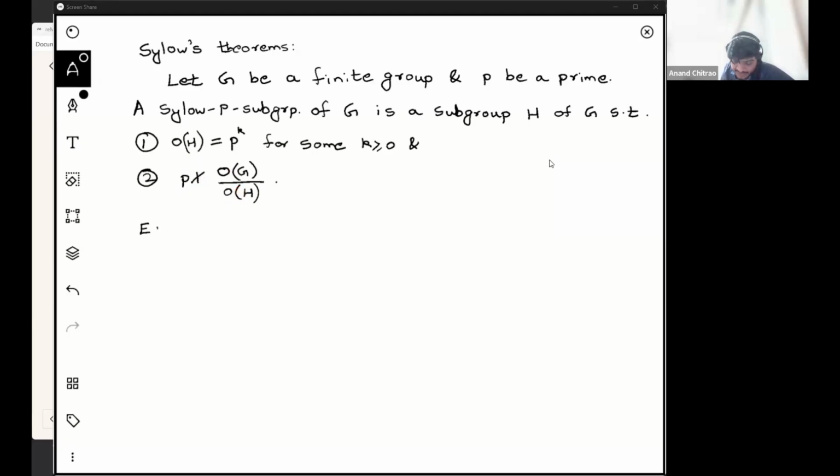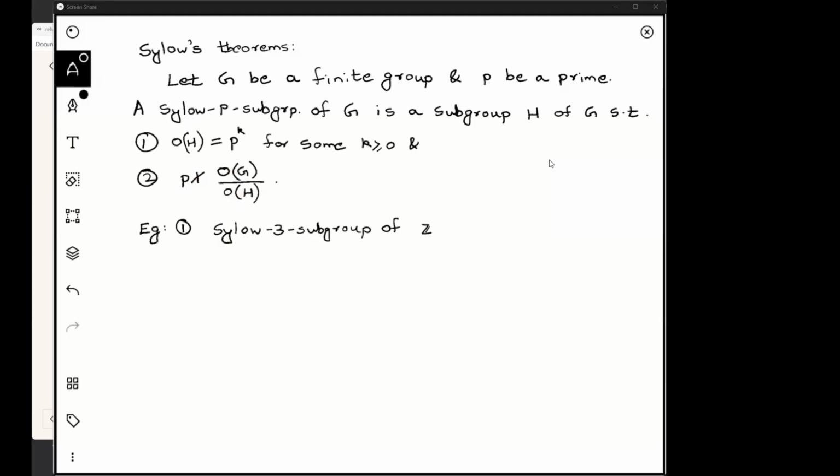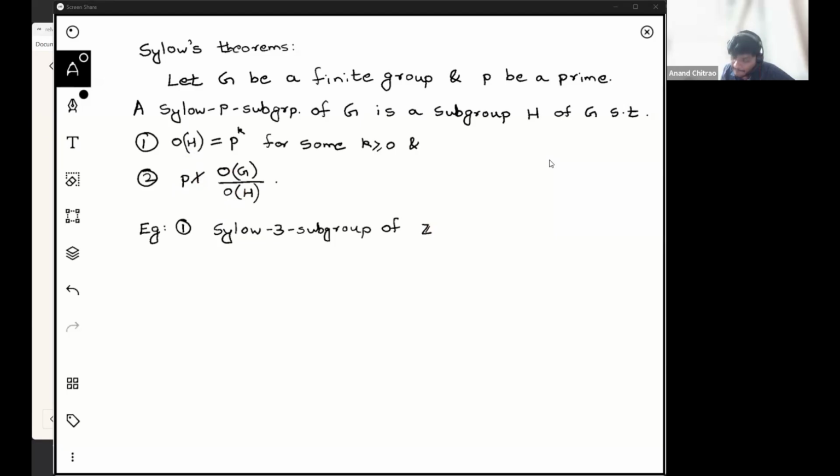Let's look at some of the examples. Can you tell me what's a Sylow 3 subgroup of Z6?